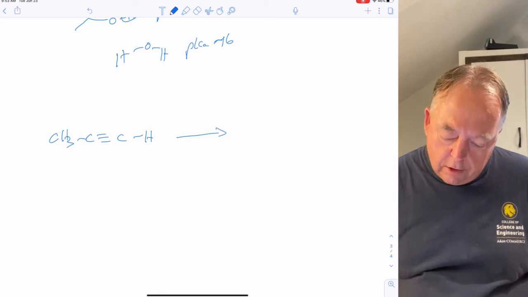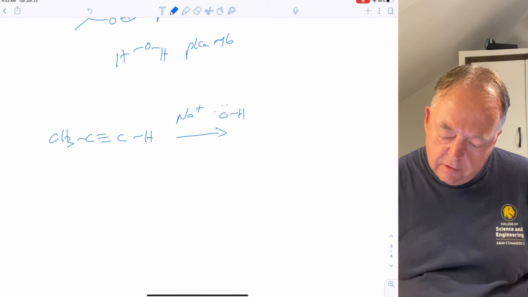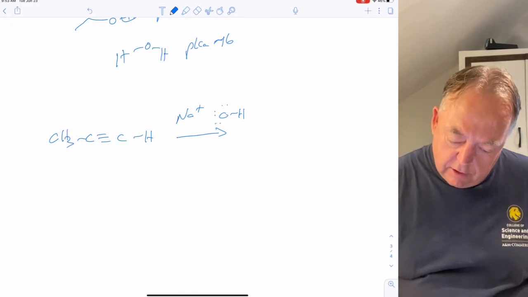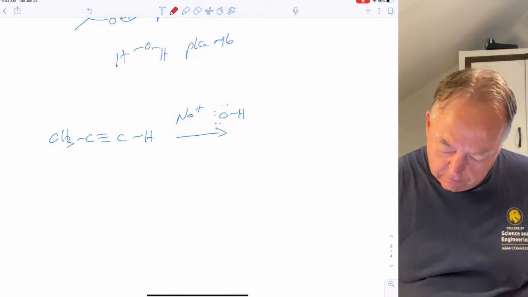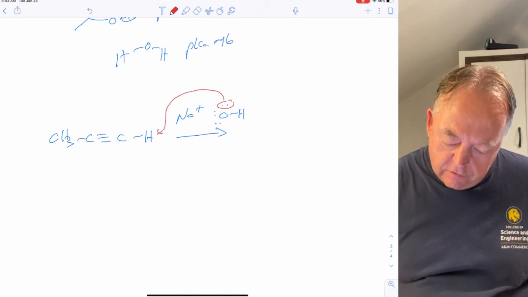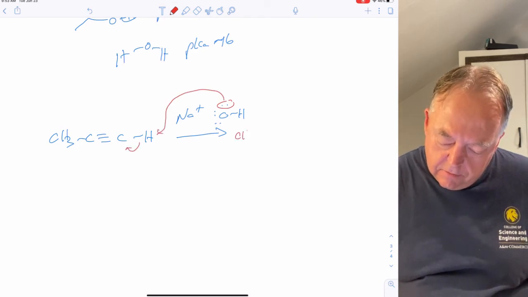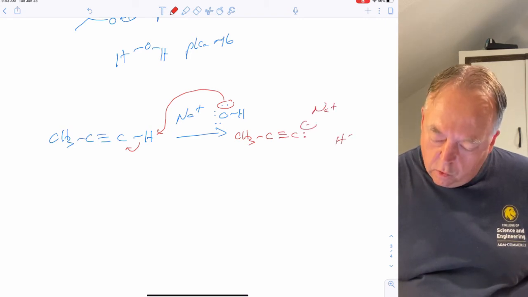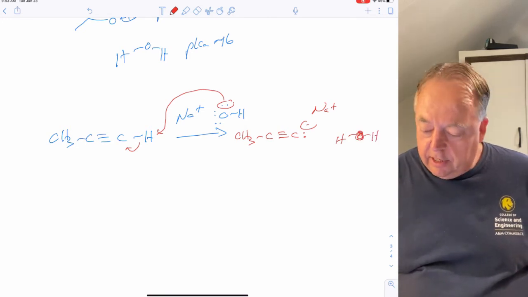So would hydroxide be a strong enough base to remove it? If you took a hydroxide molecule, with its lone pair, and it removes that hydrogen, then you would make water and the conjugate base of the alkyne.